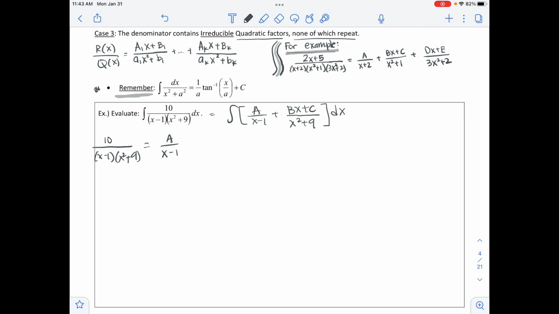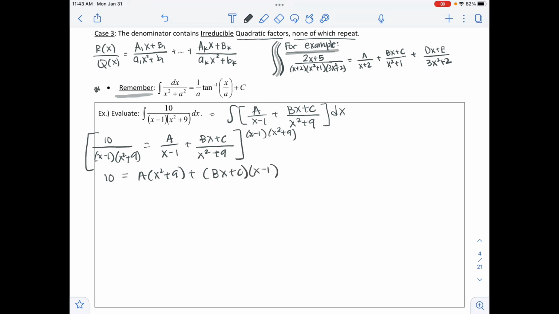So we have a over x minus 1 plus bx plus c over x squared plus 9. And then I would multiply both terms by that common denominator, which is x minus 1 times x squared plus 9. We get 10 equals a times x squared plus 9 plus bx plus c times x minus 1.